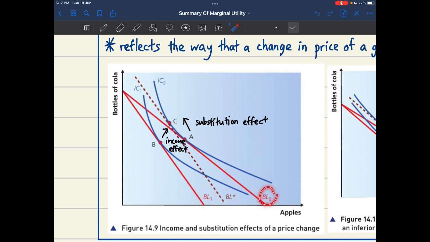And when it reduces from BL0 to BL1, the curve has now become something like this.